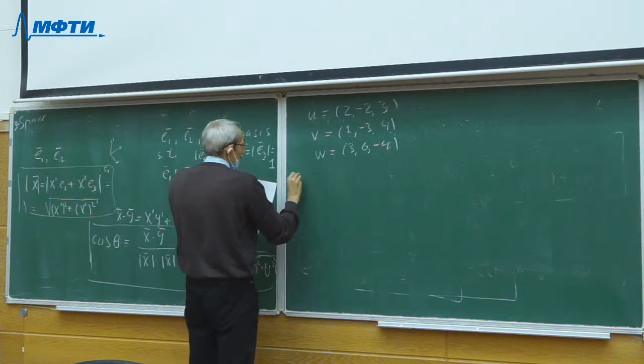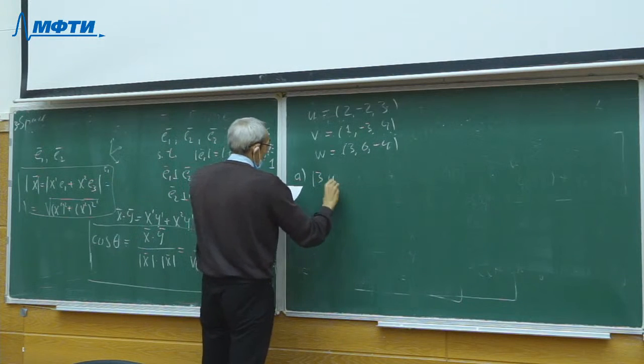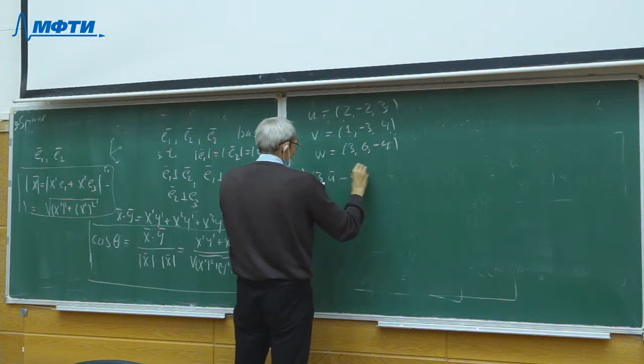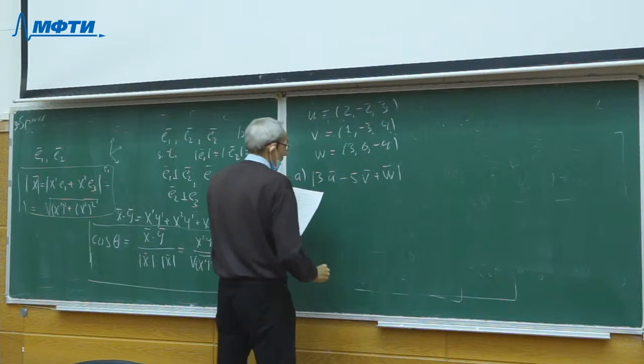Let's calculate the length of the vector 3u minus 5v plus w.